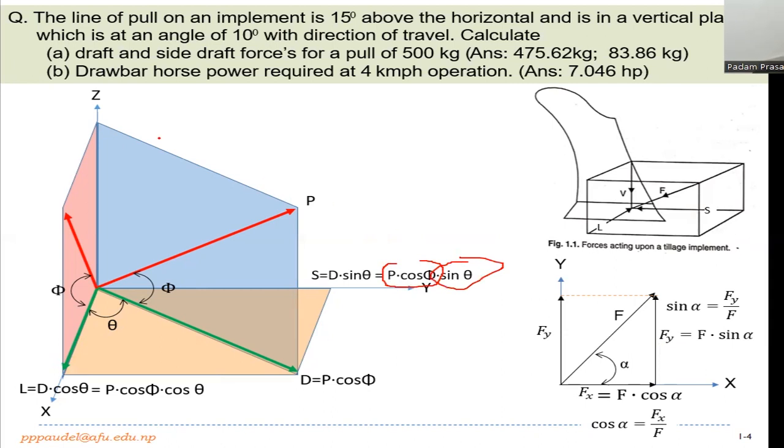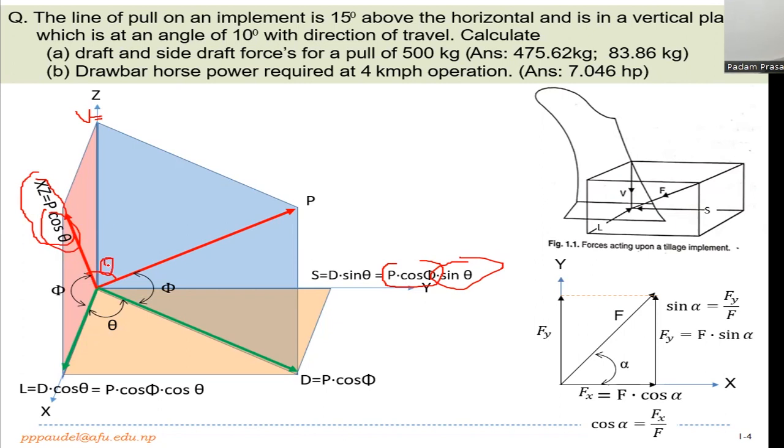Sometimes you may be asked to find out the vertical component of P. In that condition, you can also easily find out the vertical component. Let's do it. On the vertical plane, the component of P will be P cos theta, where theta is the angle on the horizontal plane.